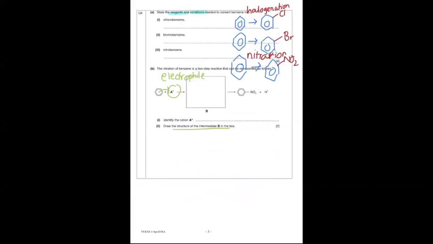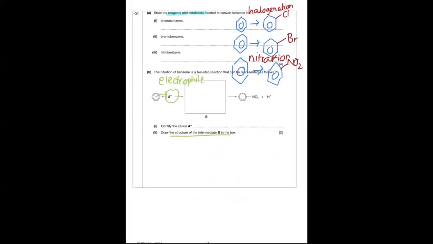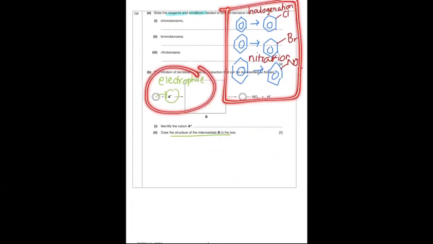Okay, so I have written this down, which you were not able to see just now. Okay, this is what I have written down. And the other one that I have written down is this, which you did not see. Okay, so there's some hints. On question 4, the A plus is your electrophile.